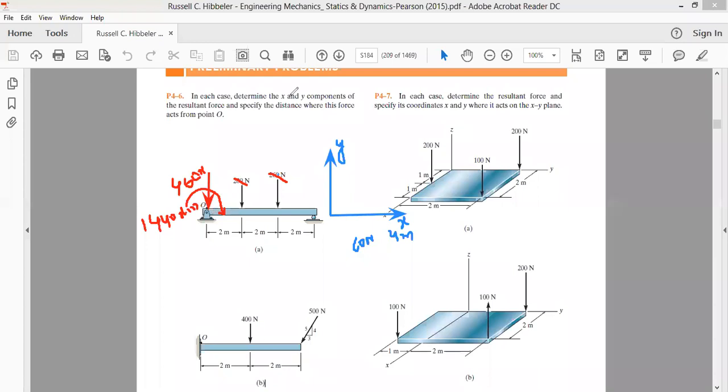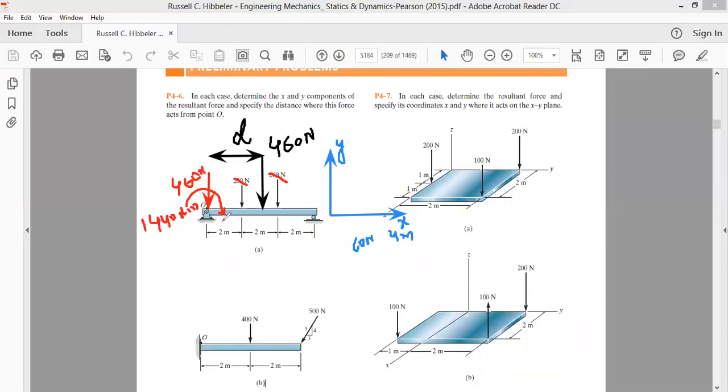Let's suppose that this force is acting on the beam at a distance from point O, and the distance is, for example, small d. It's acting at a distance d from point O, and its magnitude is 460 Newton in downward direction.